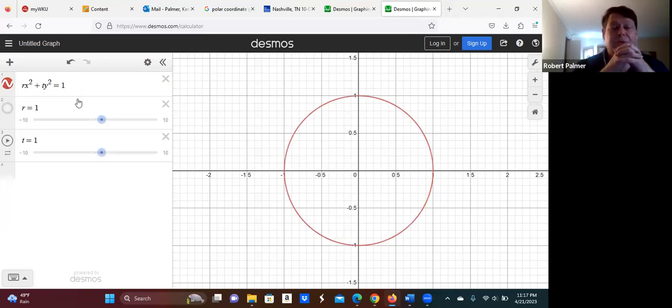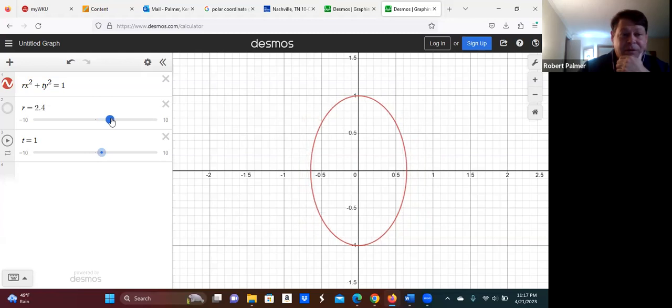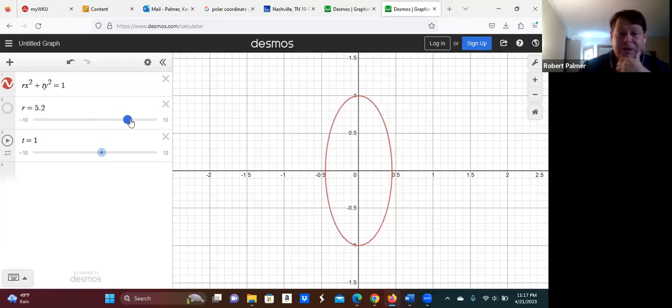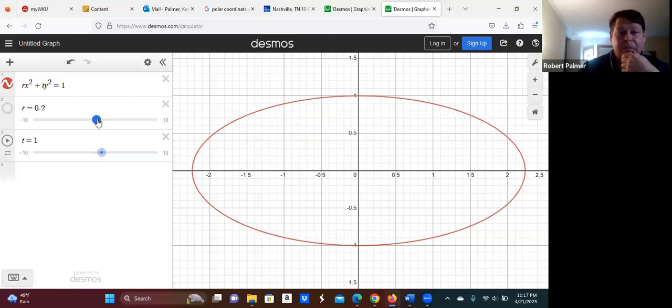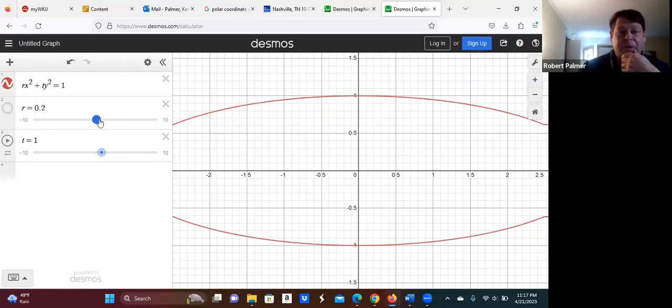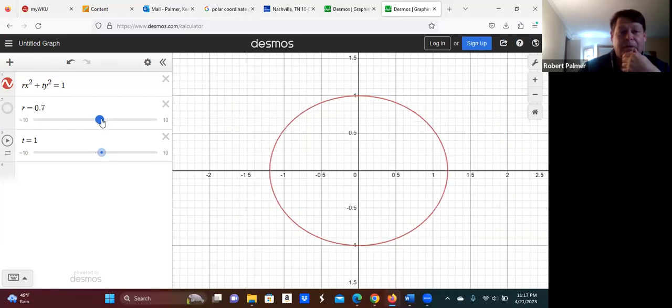And what I want to show you then is as long as R and T, these numbers in front, are the same, we have a circle. But as I make R bigger, I get an ellipse, and actually it becomes more narrow that way. Okay. We'll go back to 1. Also, smaller than 1 makes it wider. Let's go back to 1.